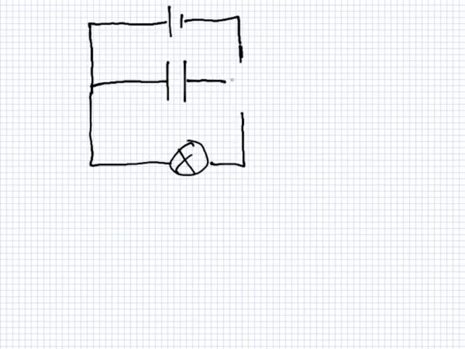Right, so what happens here is the switch is closed like this. So then the current flows around, and this builds up a charge. This has a positive charge, and this has a negative charge. Then you press the switch down, so you move the switch down here.